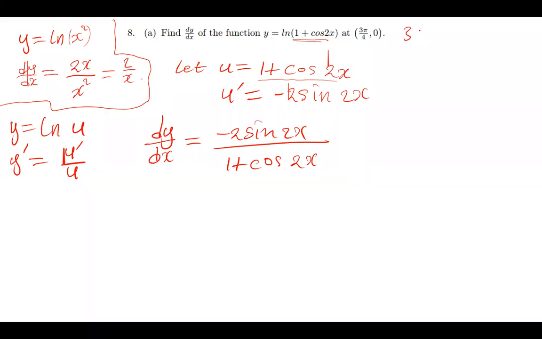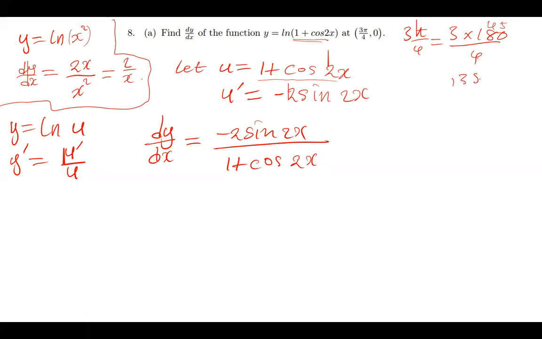So 3 pi over 4 is the same as 3 times 180, everything divided by 4. That gives 45, and 45 times 3 gives us 135.